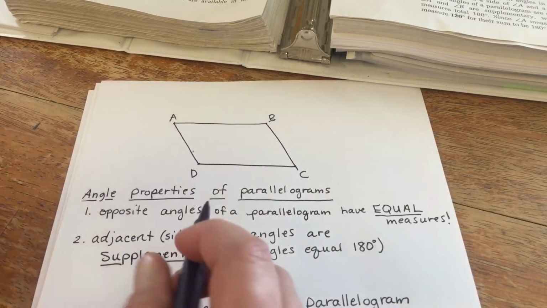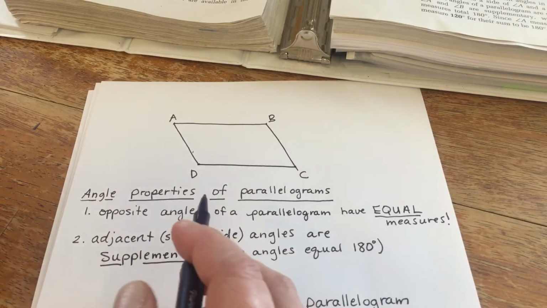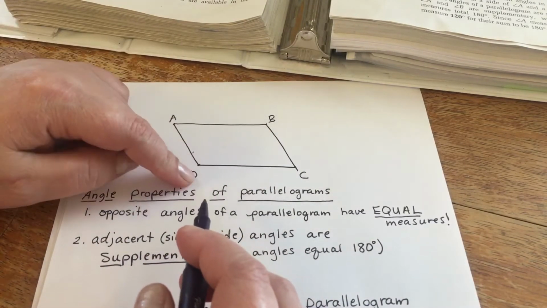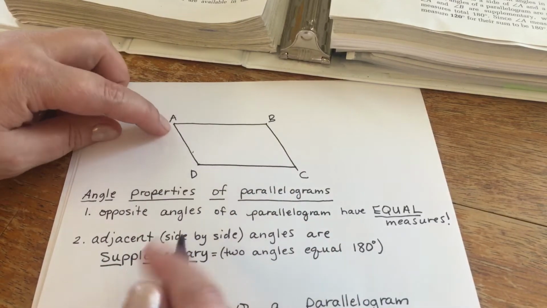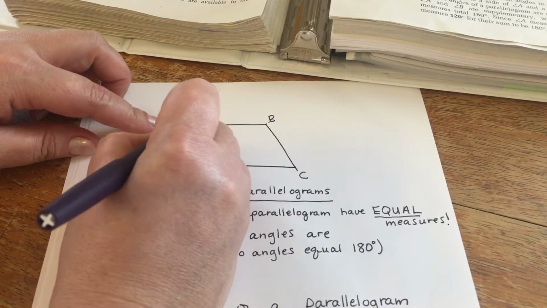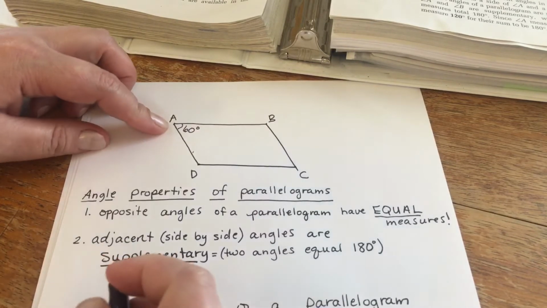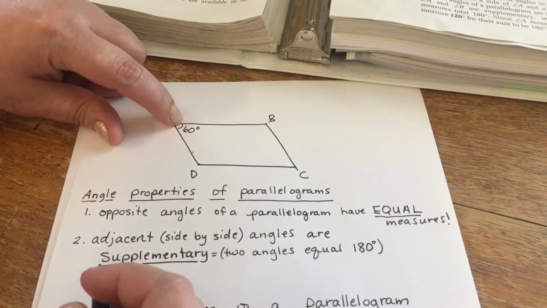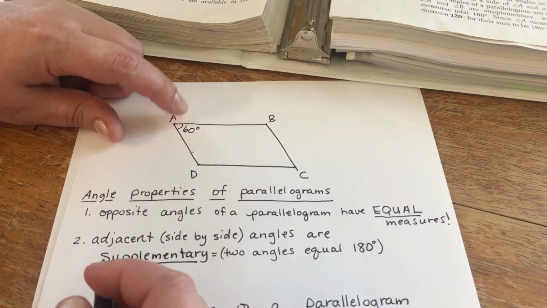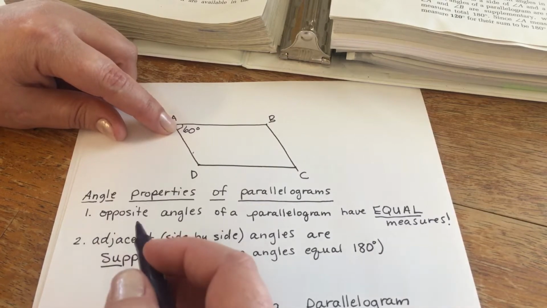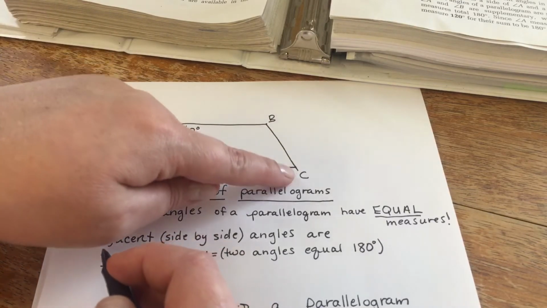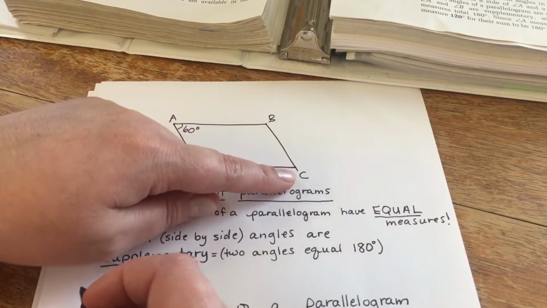In the book it asks us, in parallelogram A, B, C, D, what is the measure of C? It tells us the measure of A is 60 degrees. If we use our little protractor that we had in class, we would know that angle is 60 degrees. But it's asking us what the measure of angle C is.